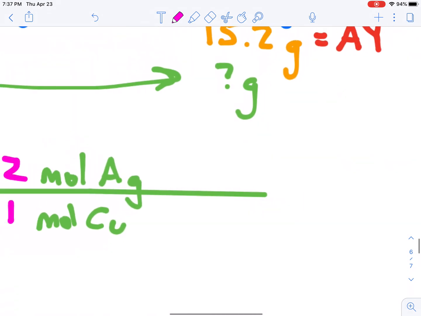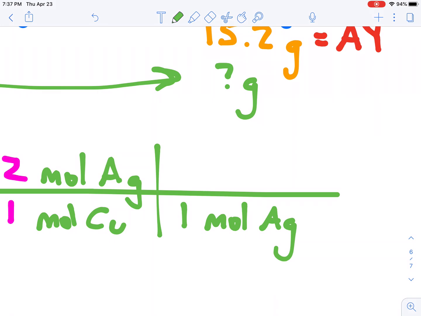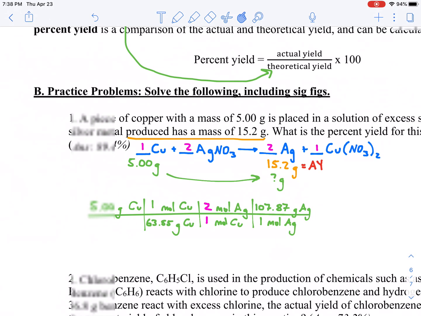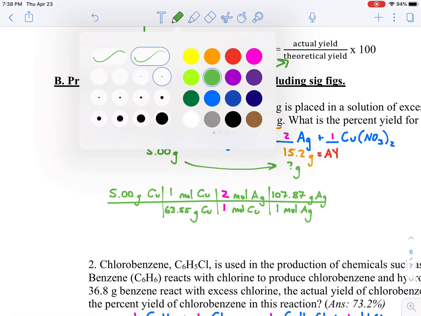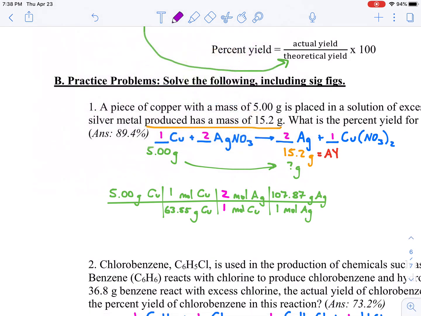And then finally, we don't care about moles of silver, we want grams of silver. So on the periodic table, if you read it, it says that 1 mole of silver has a mass of 107.87. And that is grams of silver. And once we've done all of that, you'll notice that a bunch of things will cancel out. So our grams of copper cancel, moles of copper, moles of silver cancel.